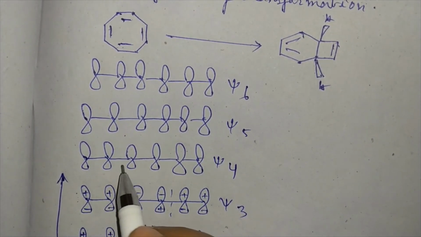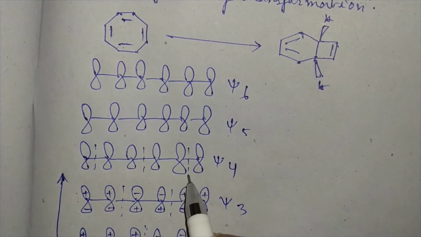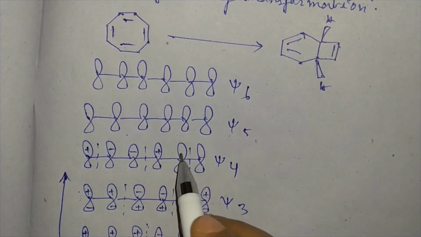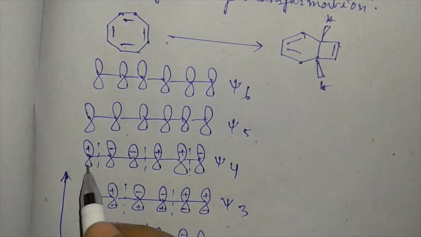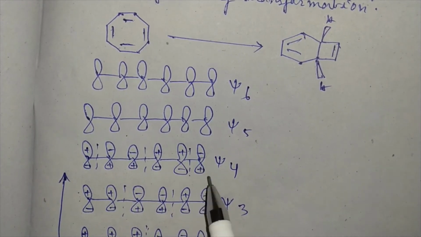Here three nodal planes will be there, plus minus plus minus, plus minus plus.